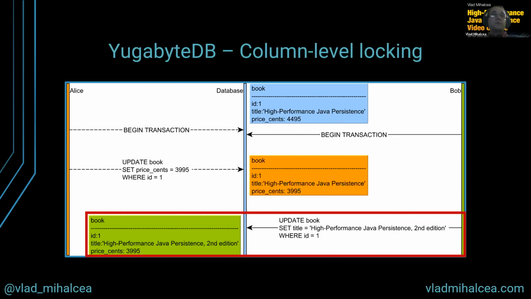So MVCC solved one problem. It allowed reads to not acquire those read locks when they execute. Like the selects don't need to acquire those read lock requests. But then Yugabyte takes this MVCC way further because it doesn't take exclusive locks on the record when it applies a modification.